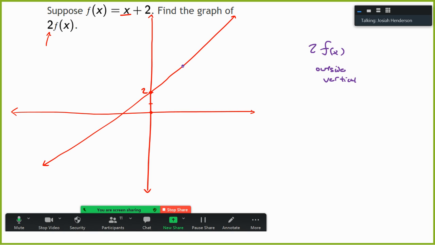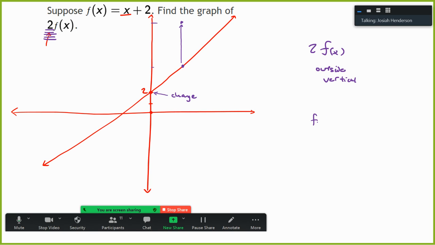So you pick a spot like this one, and now it's moving up 2 times higher than it was before. So instead of being right here, wherever that height is, it's double that. So it's like being pulled up. At the same time, the y-intercept is going to change too, because we're multiplying 2 times the entire function.